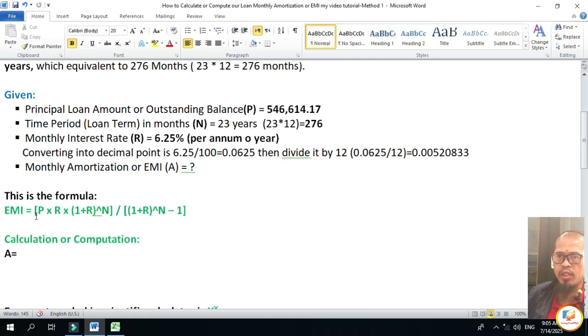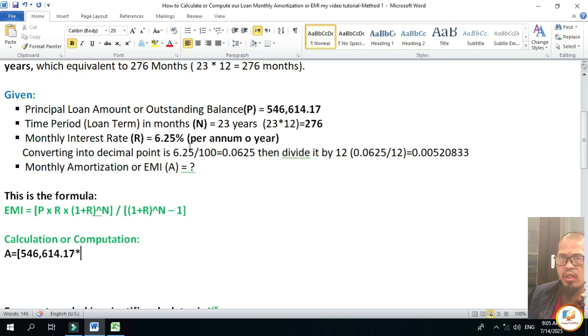First, using this formula, we take the P, which is here, 546,000, and we copy it here. Then times R. Our R is 6.25%.